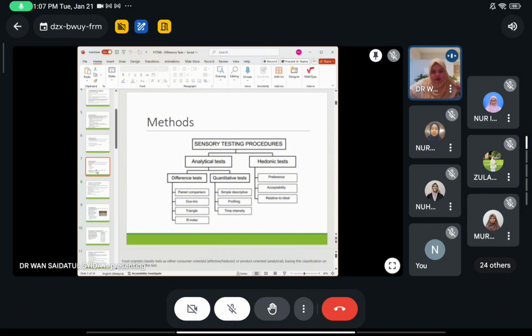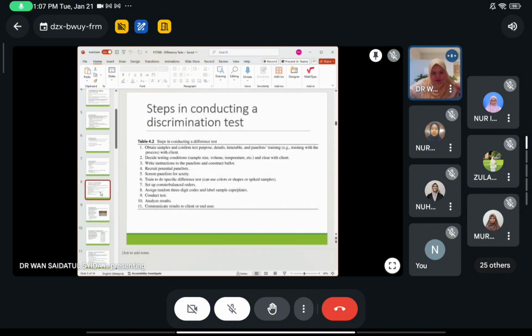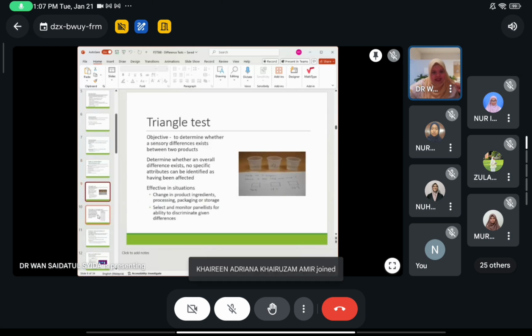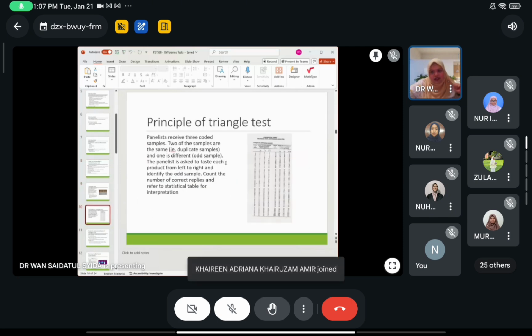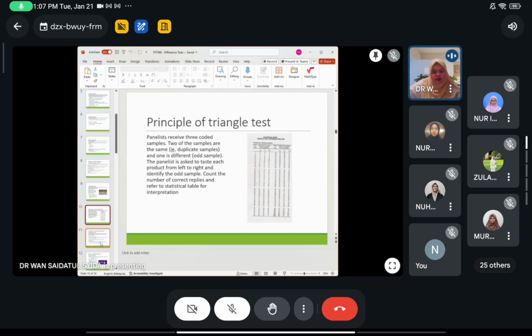When we go to the principle, what is the principle? So how many different tests are there? For each of the tests you should know the basic principle. The principle on how to conduct the triangle test.